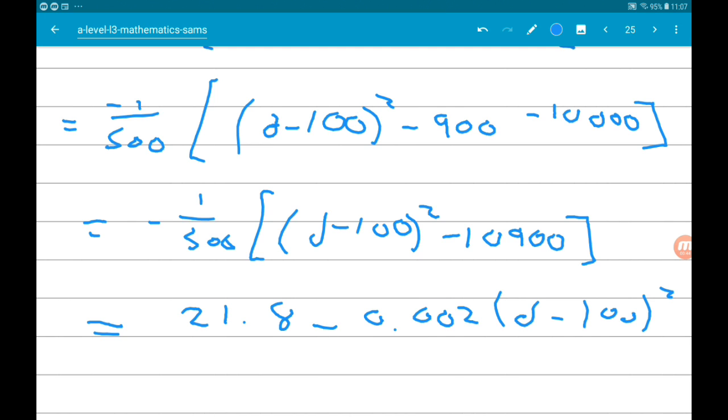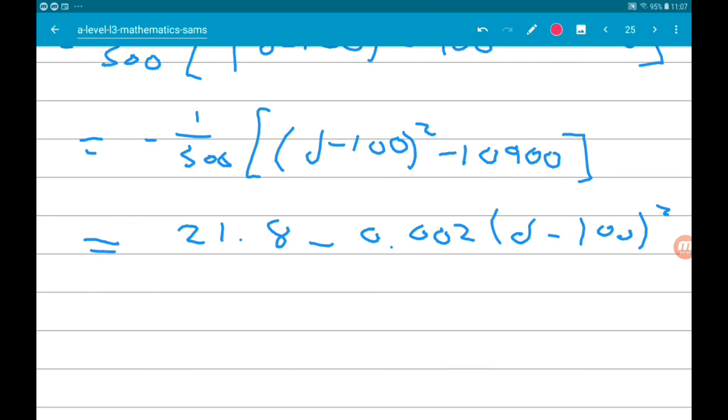I'm going to throw in some bonus info here. So remember, the whole point of completing the square is to find the maximum or minimum value and the x coordinate at which it occurs.